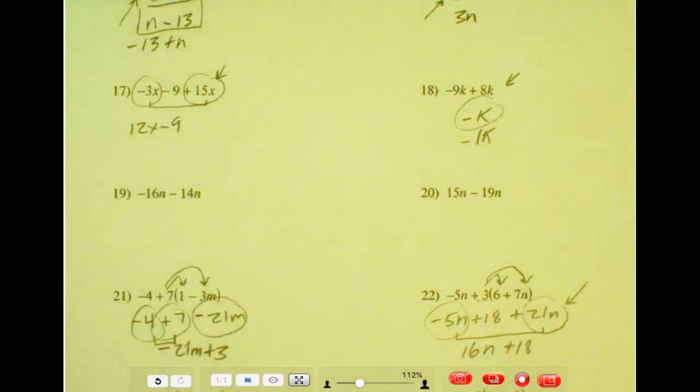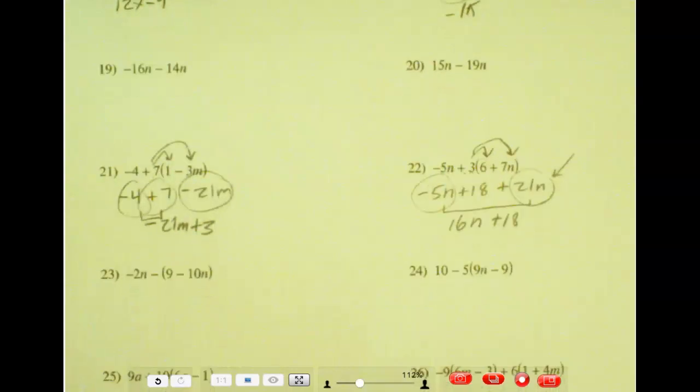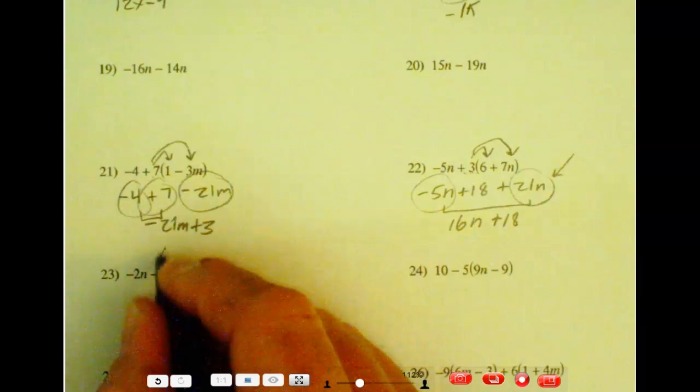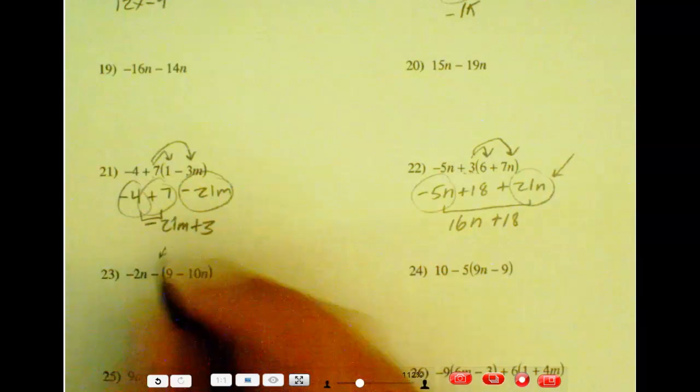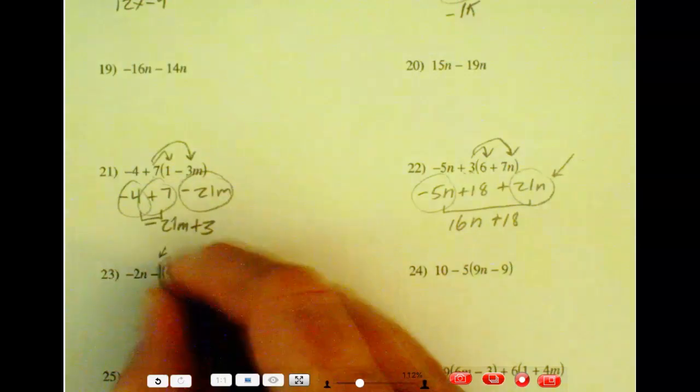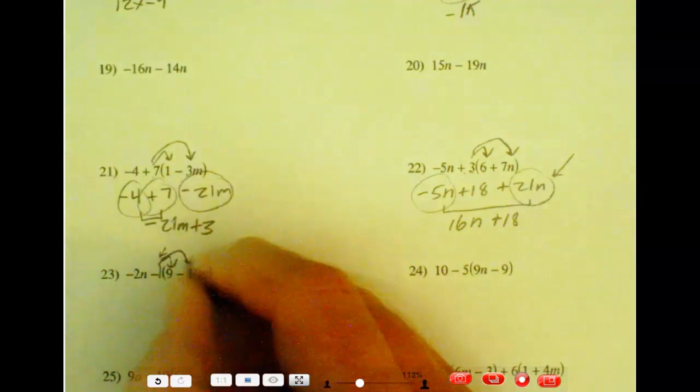All right, let's keep rolling here. This one is nasty. Number 22. This negative right here really needs to be thought about as a -1. So we're going to distribute out the -1 and start by rewriting.